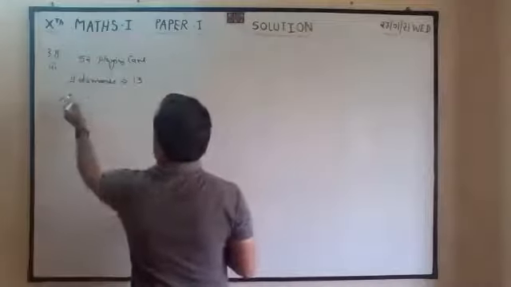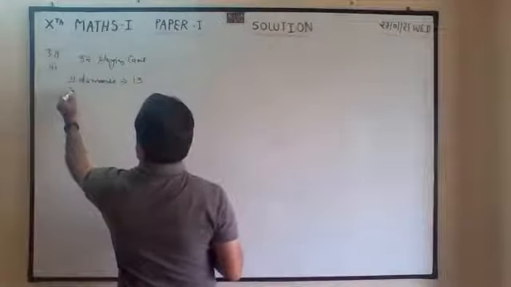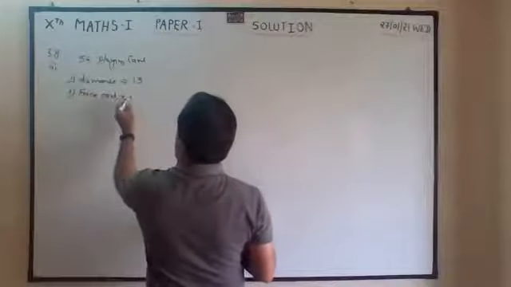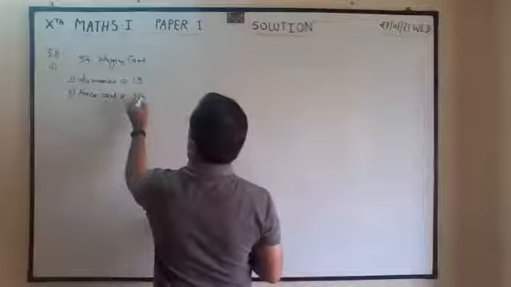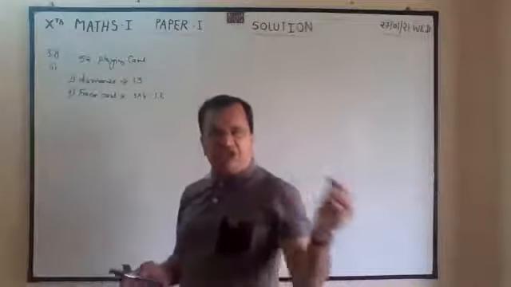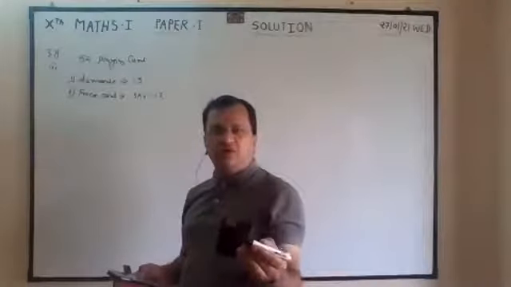Face card: J, Q, K means 3 into 4 is equal to 12. In each group, 3: J, Q, K. In all groups.